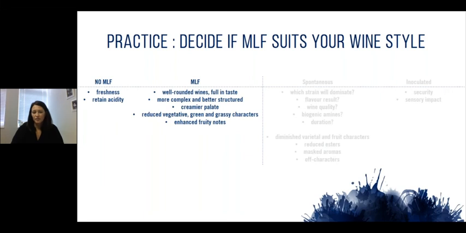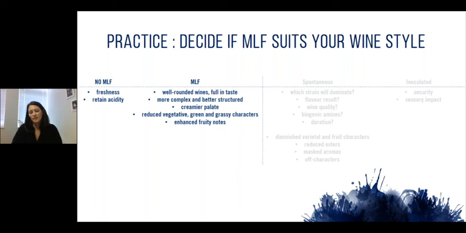So first, as I said, really from a stylistic point of view, you have to decide whether you want malolactic fermentation or not. Some wines benefit from retaining the acidity. Think of a very style-driven Sauvignon Blanc. It's not something you want malolactic fermentation in.